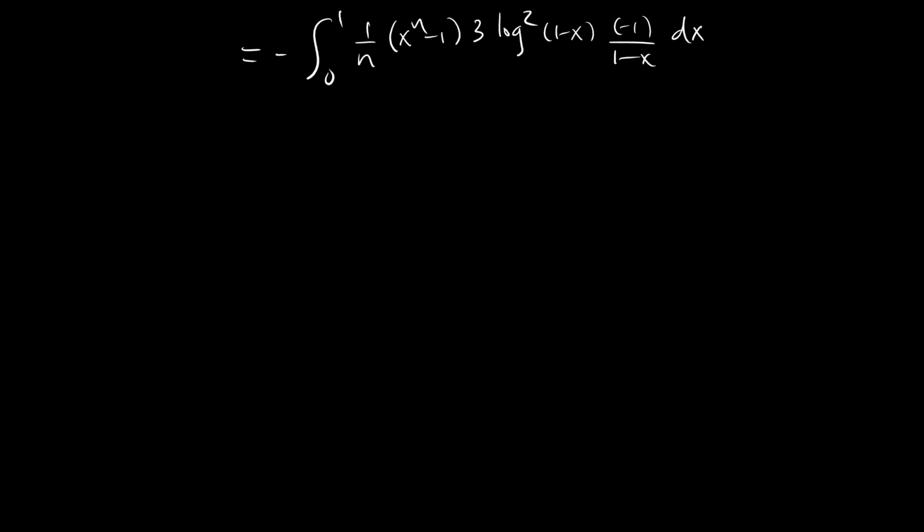So this here can interact with this, and we can pull the constants out, so we have negative 3 over n, the integral from 0 to 1 of x to the n over 1 minus x.